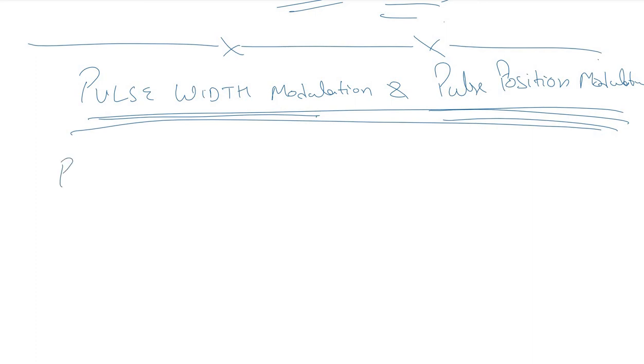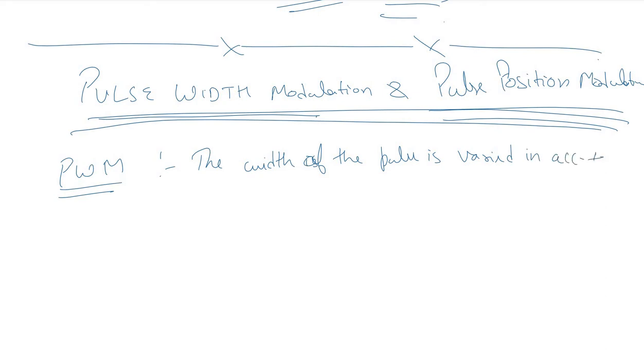One technique is pulse width modulation. In this type of modulation technique, the analog message signal modulates the width of the pulse. The width of the pulse is varied in accordance with the message signal. It is also known as pulse duration modulation.